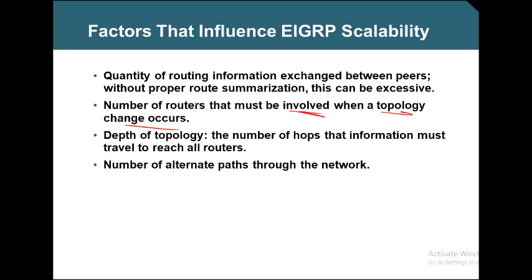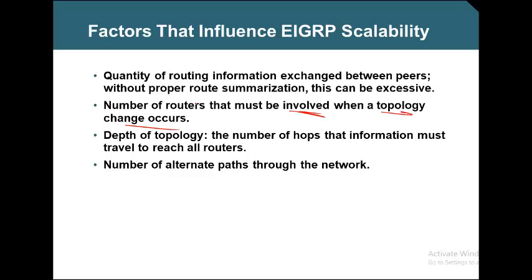But what if I don't have a backup path in the topology table? I repeat, you don't have a backup path in the topology table, but physically there is a backup path. Because of the feasibility condition. What is the feasibility condition? Advertised distance should be less than the successor value.